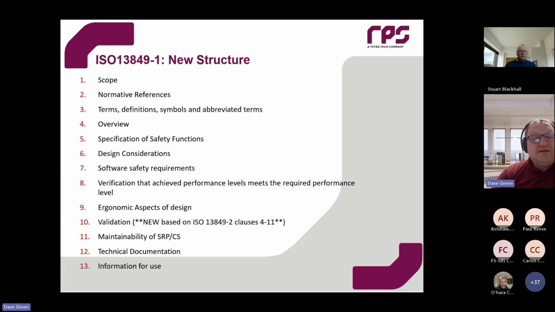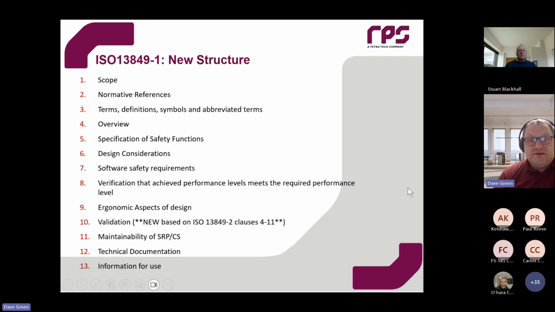And then validation's been brought from 13849 part 2, clauses 4 to 11, into part 1. And then maintainability is enhanced from the previous version, same with technical documentation, the same with information for use. So they've got new section numbers based on the new structure, but the enhanced provision of what was there before.